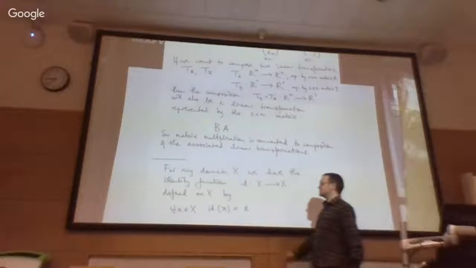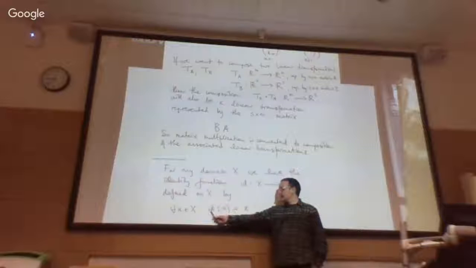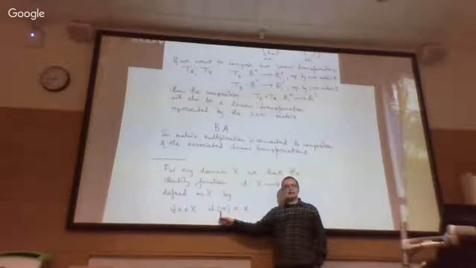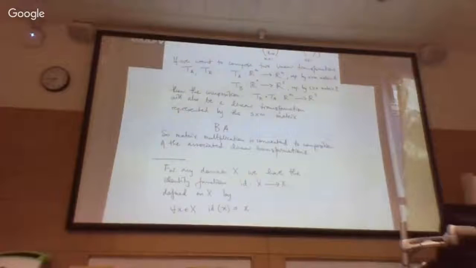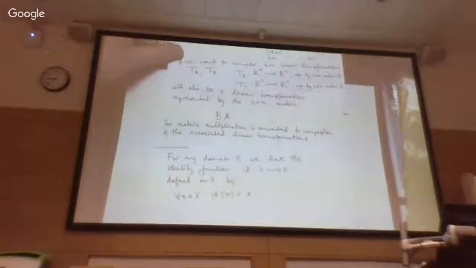So the identity is the special function which is extremely conservative, it just leaves everything the same. ID applied to x just gives you x. So it's a very boring function in some ways. It just keeps everything the same.